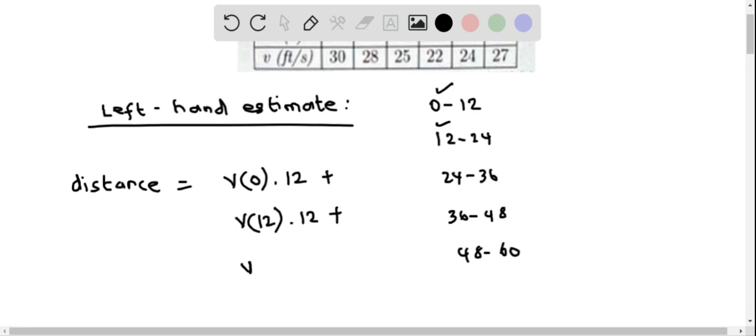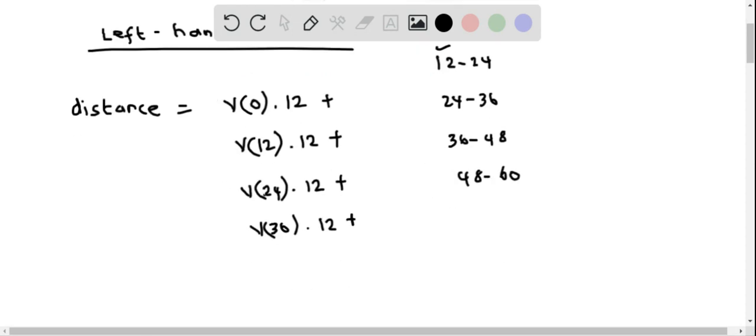So this will be v of 24 times 12, and then v of 36 times 12 plus the last one, v of 48 times the width, which is 12.